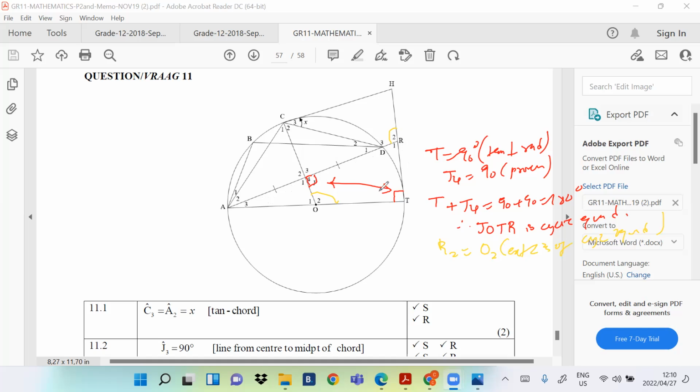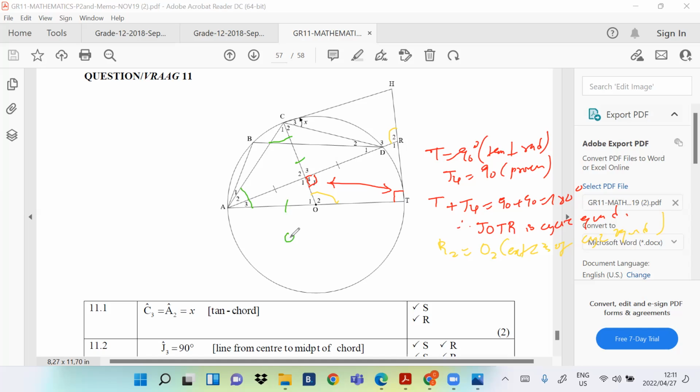So R2 is O2, so we need to find O2. What can give us O2? A2 is at the center, and this is equal because this is the radius, right? That can give us O1.